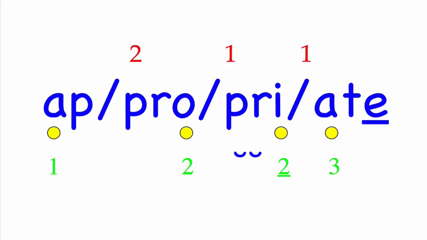Pri, 3 sounds, p, r, i. Ate, 2 sounds, a, t. Ap, pro, pri, ate. Take a moment and mark this word, and then advance the video. Ap, pro, pri, ate. Appropriate.